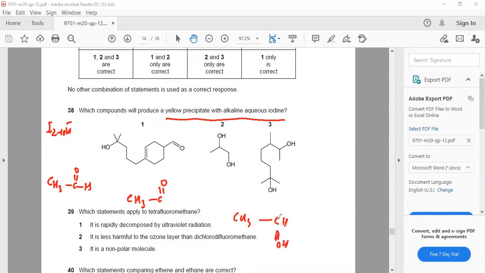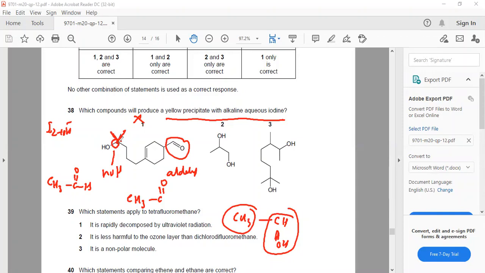The carbon having OH must have CH3, and must have H and OH. If you apply this rule here, so 1, it is not possible because this is a big aldehyde and this OH does not have any H. No H, because one valency with OH, one with methyl, third with methyl, fourth with this group. One is wrong, so 2 and 3 will be the correct option.